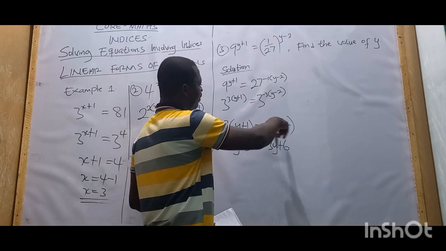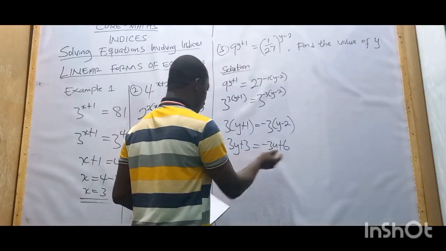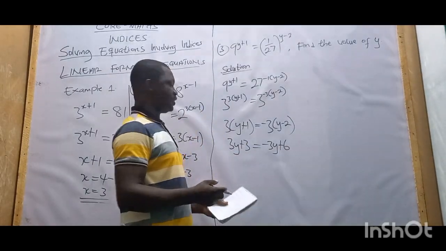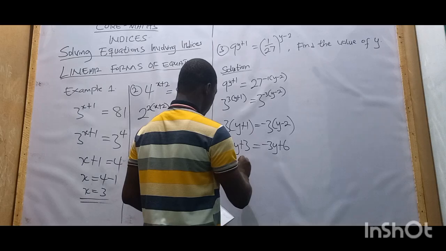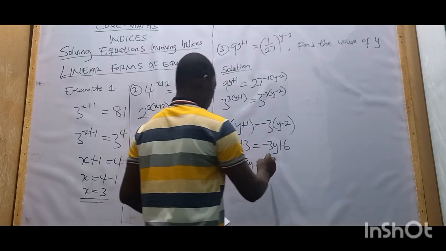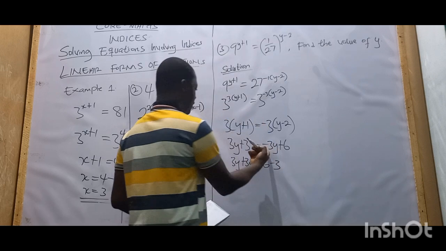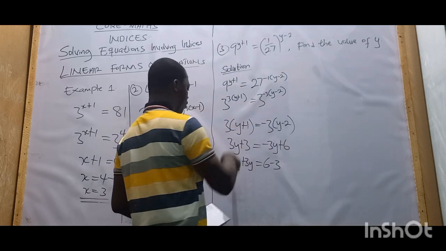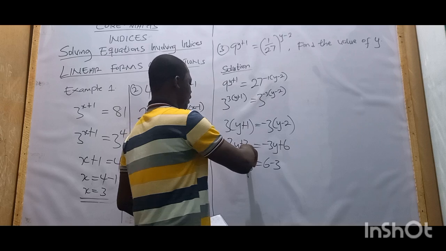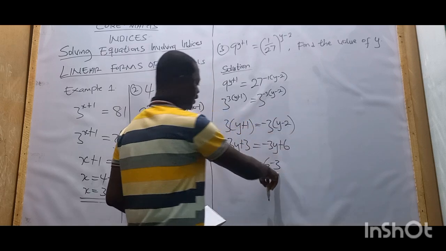Multiply negative 3 by negative 2, you get positive 6. So I'll now group like terms and simplify. So this negative 3 moves to the other side of the equation, which will become positive. This positive 3 also moves to the other side of the equation, and becomes negative.